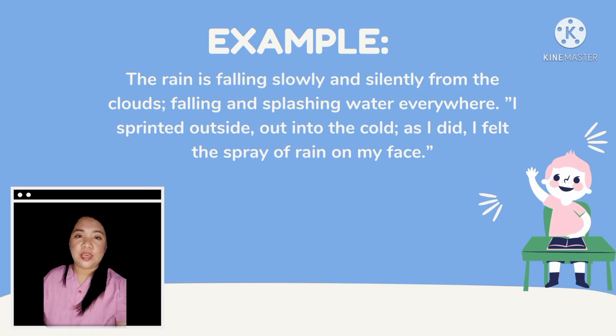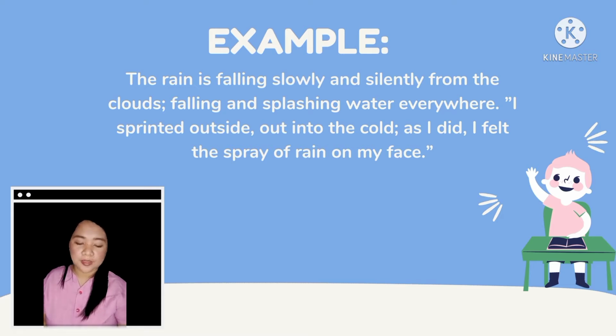Well, as for me, I picture a person who is emotionally watching as the rain pours down. And as she went outside, she felt how cold the rain is as it pours down on her face or on her skin. How about you? How do you picture this sentence in your mind?